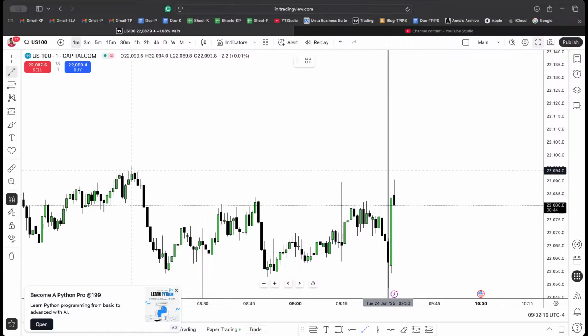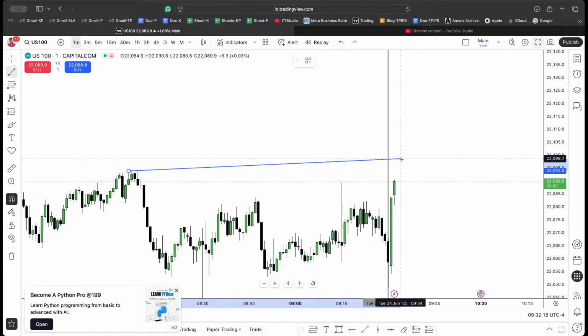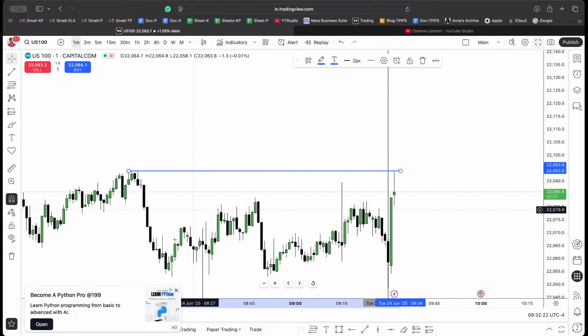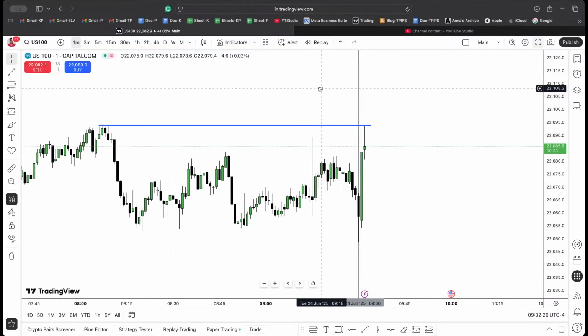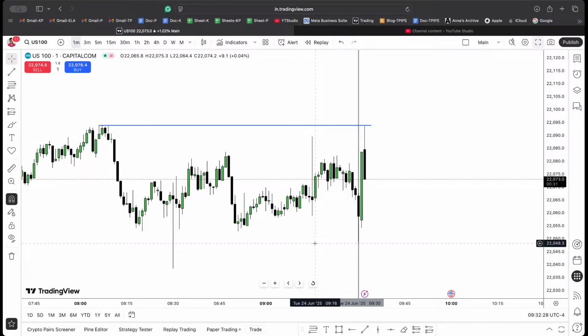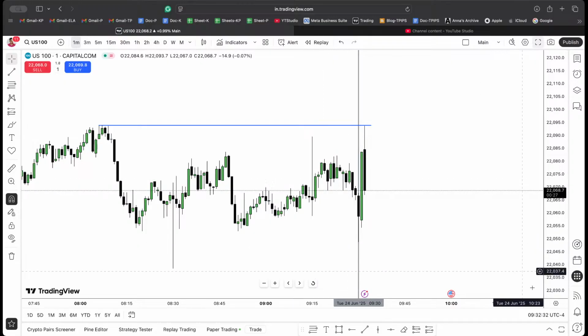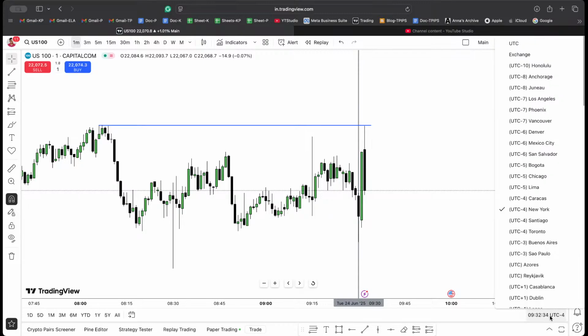So as you can see, we are outlining the initial liquidity and how the market is going to move. You see the price is moving at the 9:30 bell. We have set the timing to New York UTC -4.